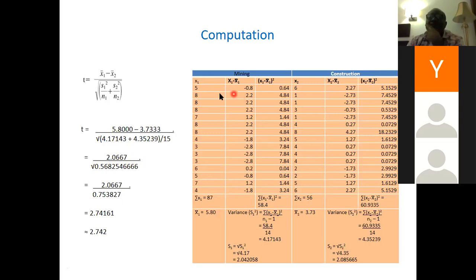Look at it. The mean for group 1: the summation for group 1 is 87, divided by 15, gives us the mean, which is 5.8. For group 2, the summation of 56 divided by 15 gives you 3.73. This is the mean. So move further to calculate the variance.